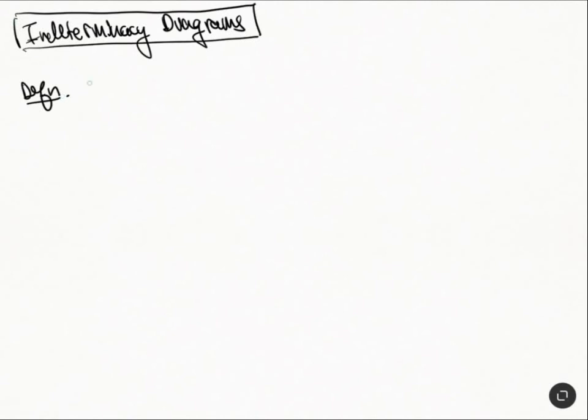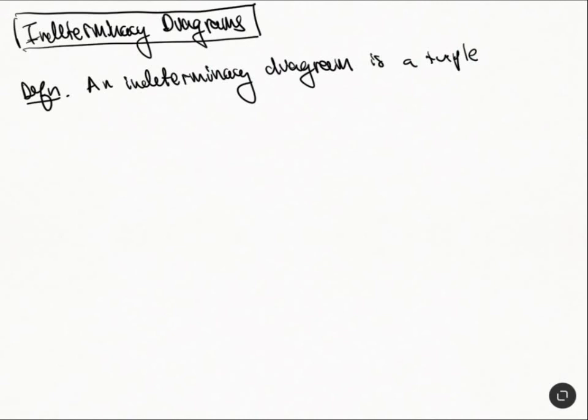So an indeterminacy diagram is going to look like a diagram, but right now it's just going to be a tuple, and then I'll draw the picture on the next page.